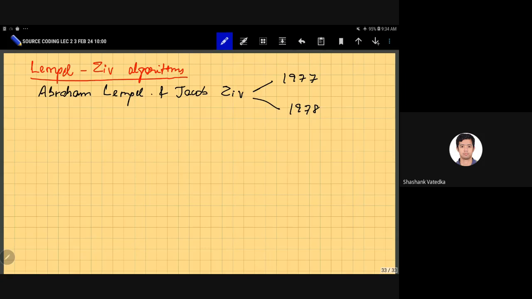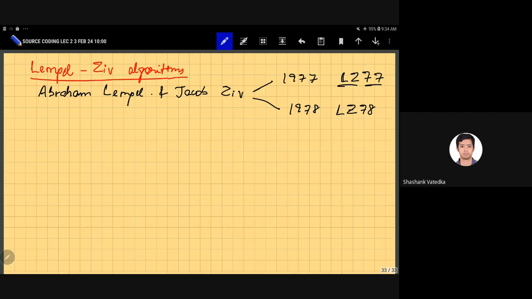The algorithm designed in 1977 is now called the LZ77 algorithm, named after the last names of the authors and the year in which the paper was published, and the other is called the LZ78 algorithm.